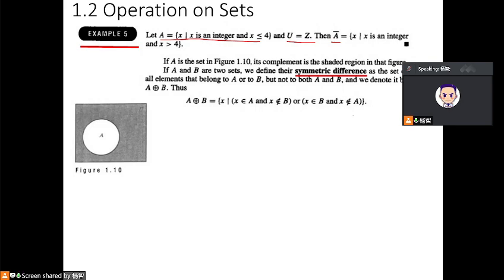It means all the elements that do not belong to A but belong to the universal set, and in this example, the universal set is the integers. So the complement of A is the set like this.